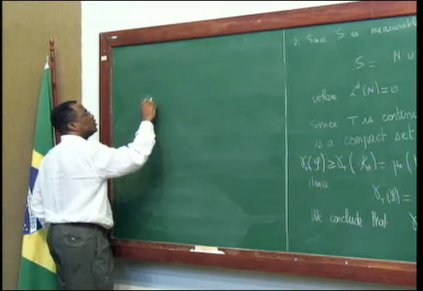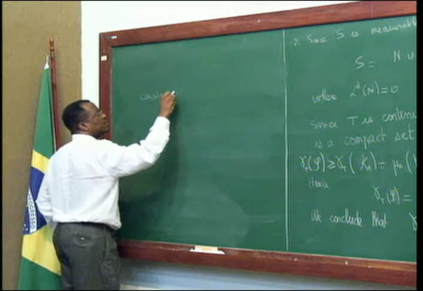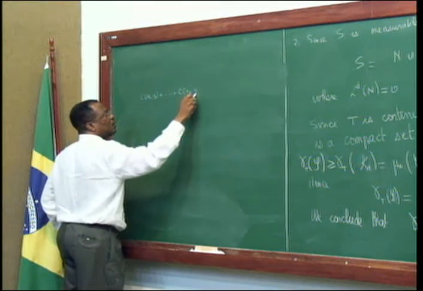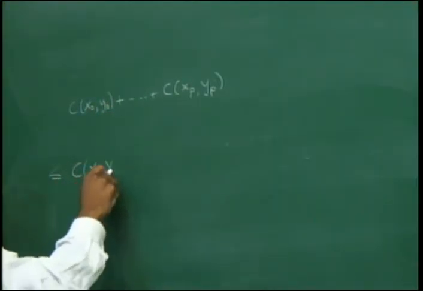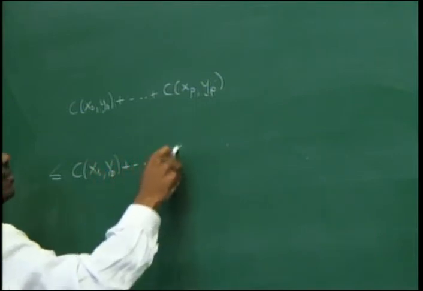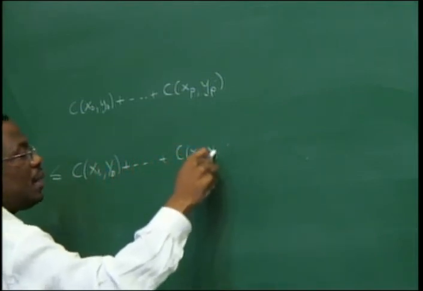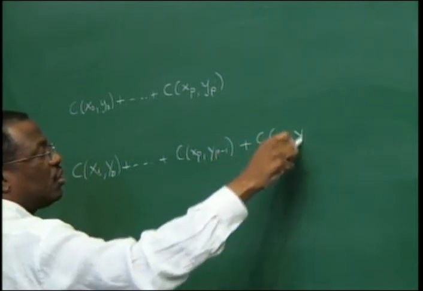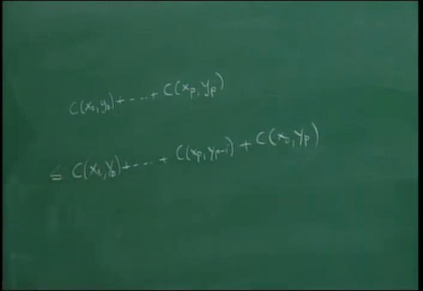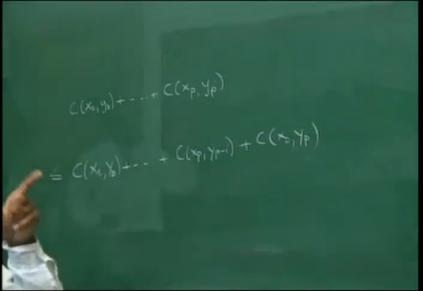C of x naught, y naught, plus C of xP, yP is smaller than or equal to C of x1, y naught, plus C of xP, yP minus 1, plus C of x naught, yP. Okay. The set is cyclically monotone. So if you change the order, you increase the total cost. I am changing the order.